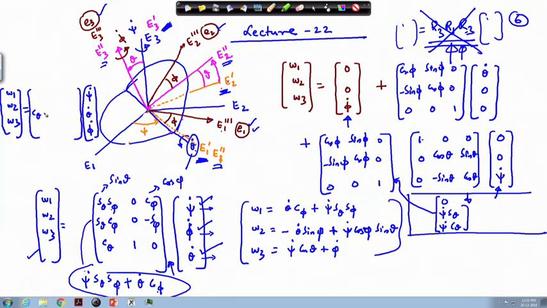That means that here you will have C theta, 1 and 0 in this place, and S theta C phi will come downwards, this will be 0 and minus S phi will be here in this place. Similarly, this term, because psi dot is in its original position, we do not have to change it, this is S theta S phi, 0 and C phi, that remains as it is.